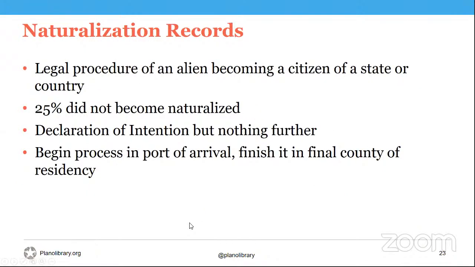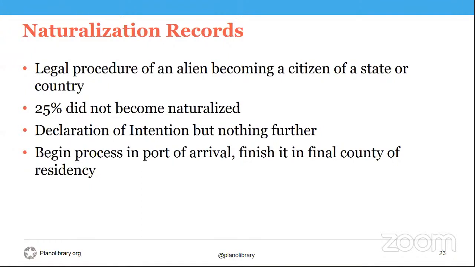Naturalization records is another way to look for information. There were different rules over the years. At first, we didn't have naturalization, and then you had to wait 5 years until you naturalized. There were different things that happened along the way.